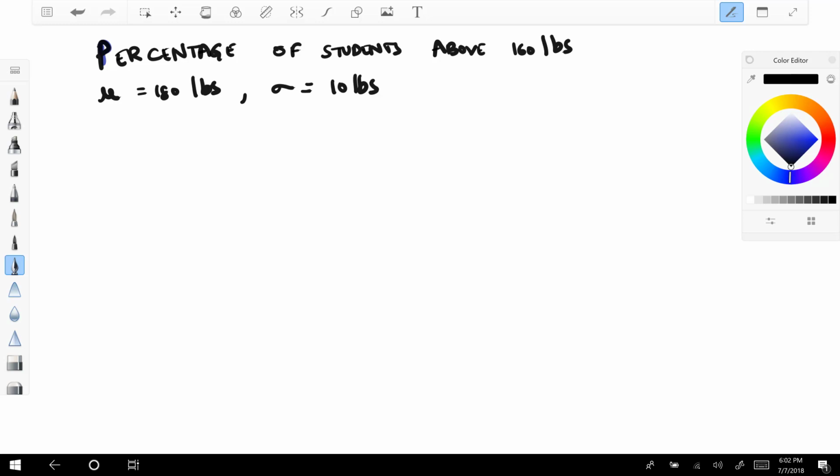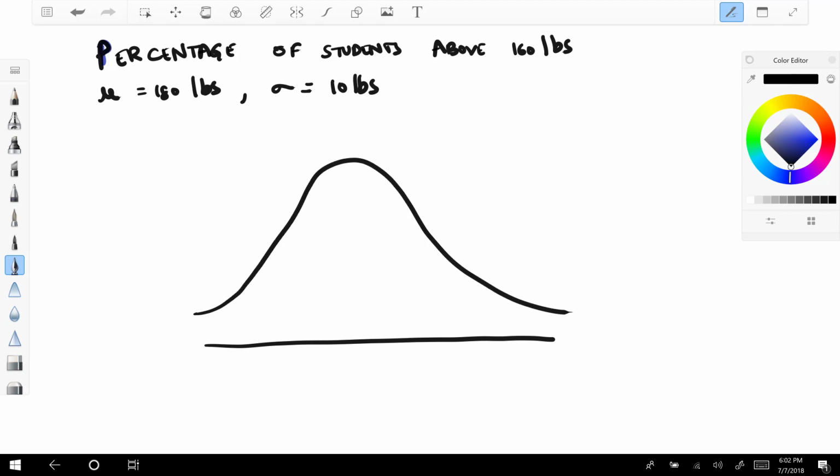So if we draw a normal distribution curve, the center is again mean mu, which is 180. So this is our mu, and then we are looking for the area above 160 pounds.